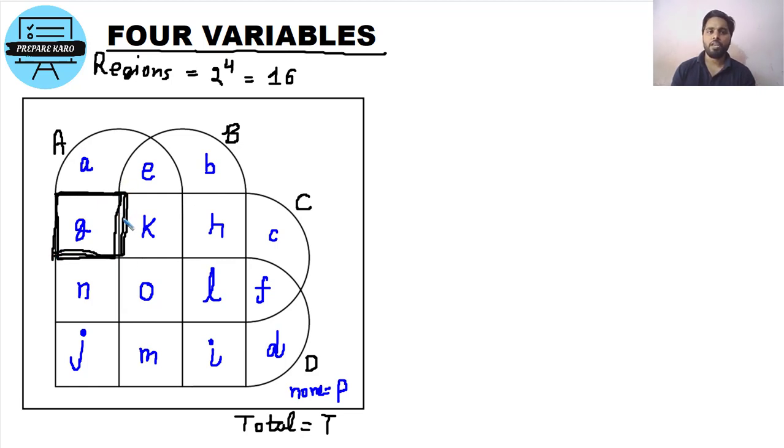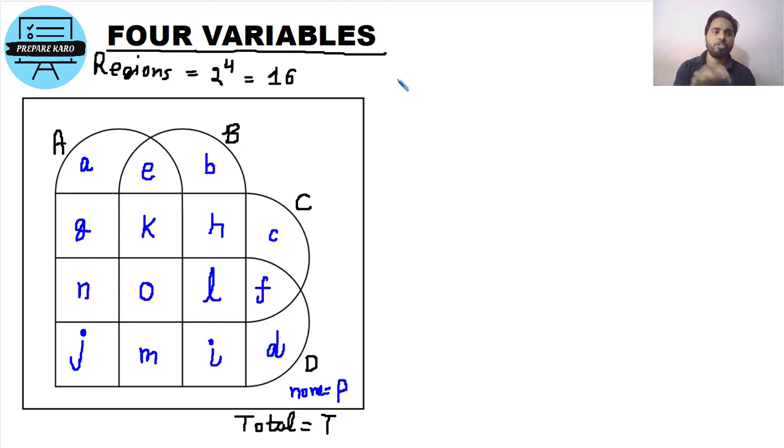No. Is variable C here? Yes, of course. Is variable A here? Yes, of course. So this small g is nothing but only A and C, right? This is the intersection of 3 variables A, B and C. So you have to look properly. Now, the story is the same here also.